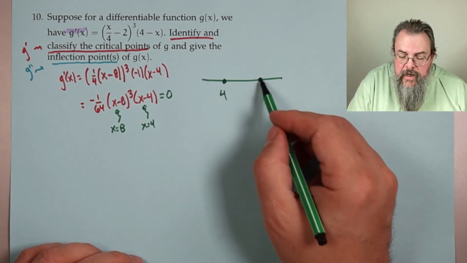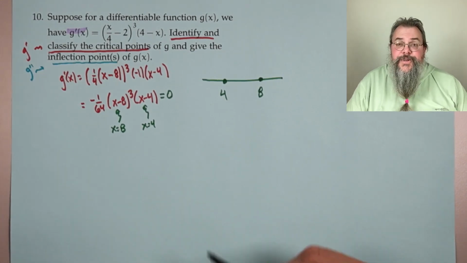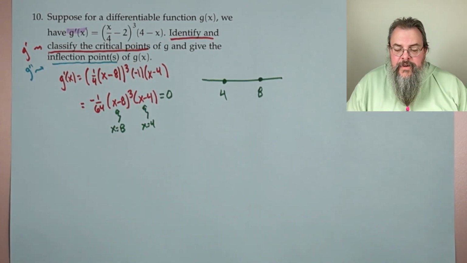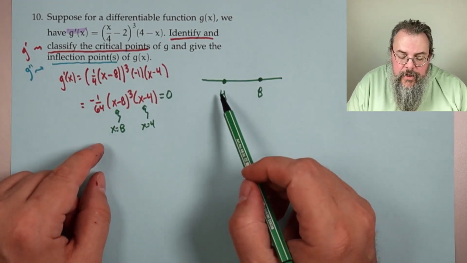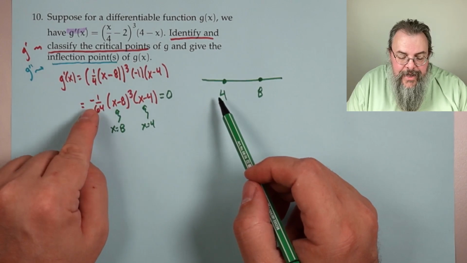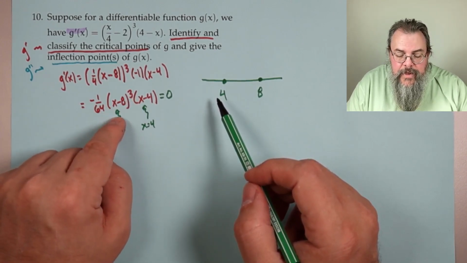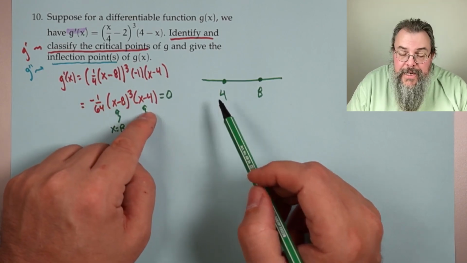Okay, so we sketch 4 and 8. All right, so what's our goal? We're trying to figure out the signs. So we plug in points. Well, something below 4, 0. Negative at the start. Negative 8 cubed is negative. Negative 4 is negative. So we have negative, negative, negative. 3 negatives.